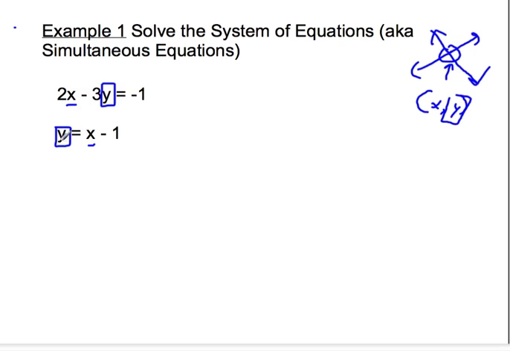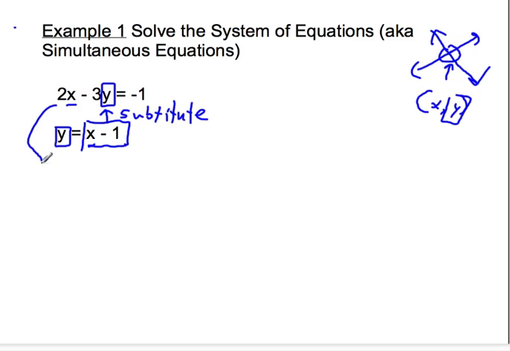So what we can do is we have y equals x minus 1. So we can take that and substitute it into the first equation. That's why we call it substitution. So y equals x minus 1, and we can substitute it into the first equation.